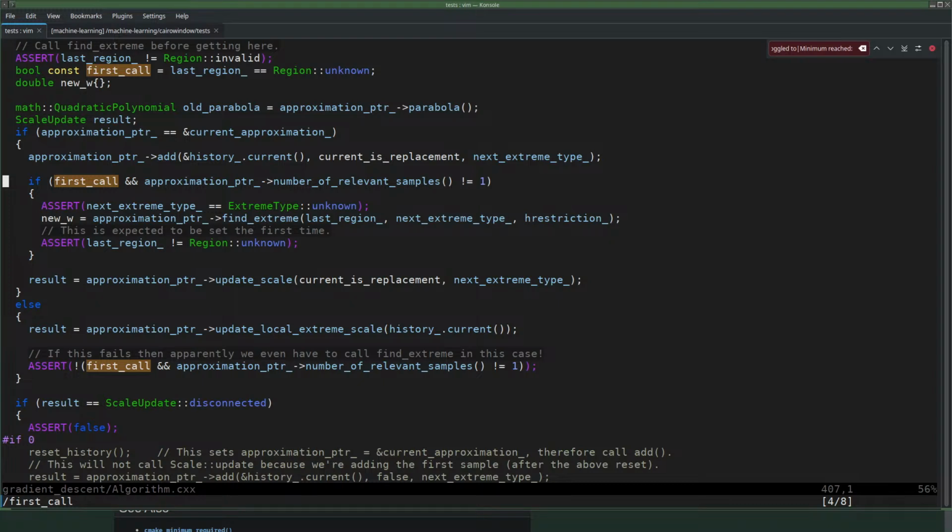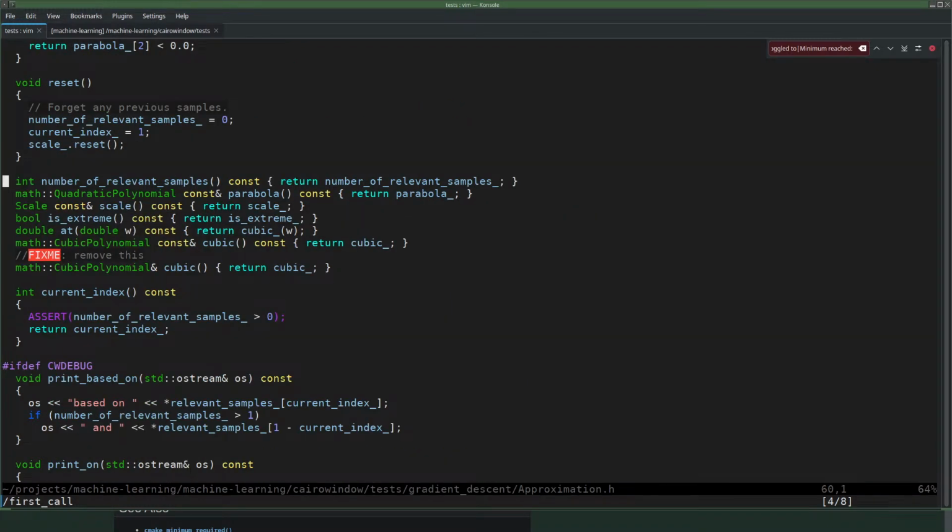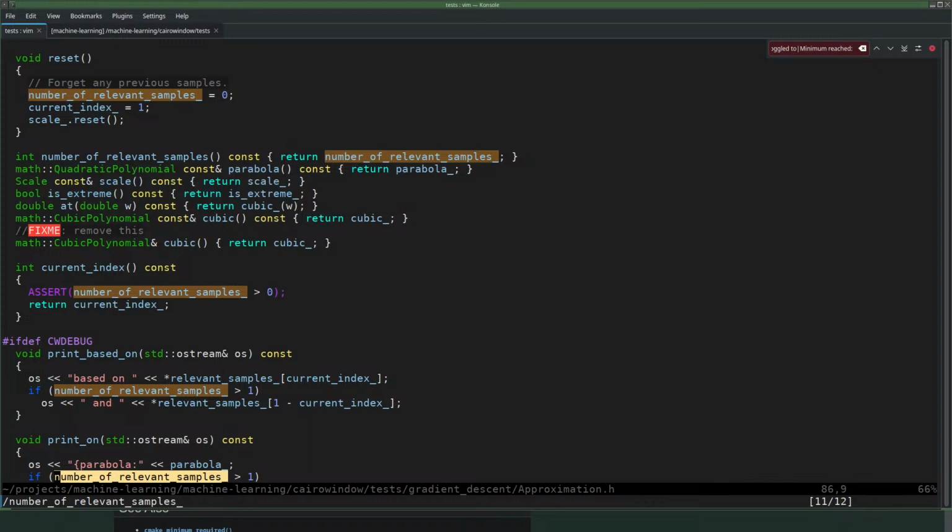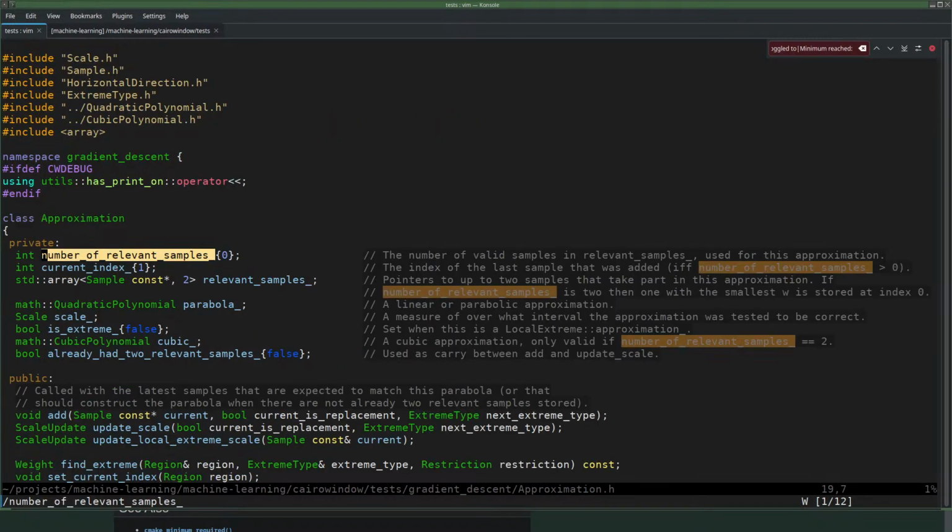I think that number of relevant samples on approximation can only be 0, 1 or 2 because of how it is updated. Yeah, that's the number of relevant samples in this array.